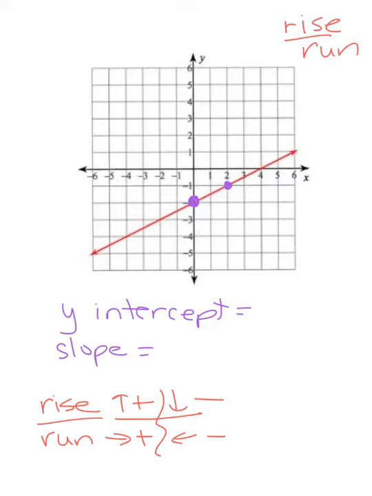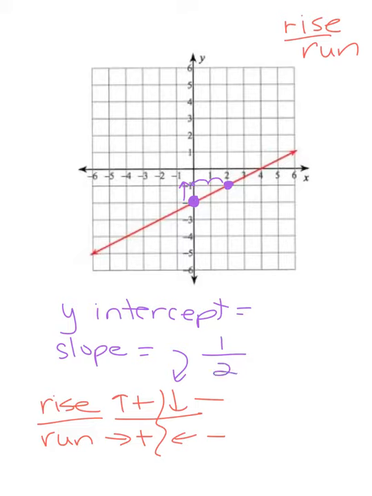So I always like to start from the point to the left, just to be consistent. In this case, to get from the first point here to my second point here, I have to go up, and I'm going up 1. If I look at my statement below, if I'm going up and it's positive, then I have a positive 1. Once I go up 1, then I go to the right 2. So that's my denominator, that's 2.